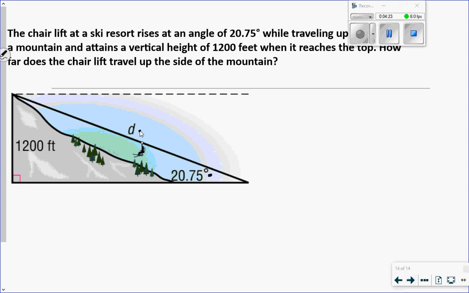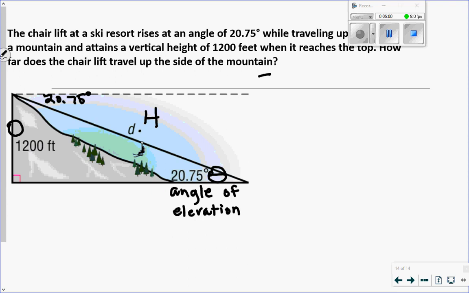Now this right here, the 20.75, that's our angle of elevation. But it could just as easily be here and be an angle of depression. So really this is not that difficult of a problem. We're basically just using our SOHCAHTOA to solve for D. So here, this is your theta, this is your H, this is your opposite side, opposite from theta, and the ratio that uses O and H is sine.